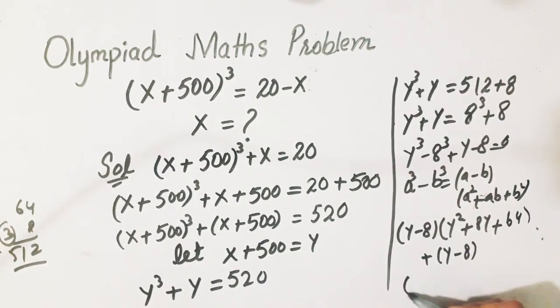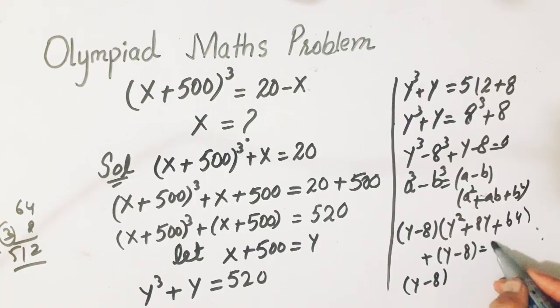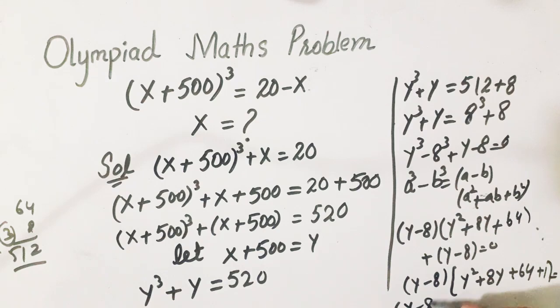Now take y minus 8 as common. We get y^2 + 8y + 64 + 1. So we get (y minus 8)(y^2 + 8y + 65) = 0.